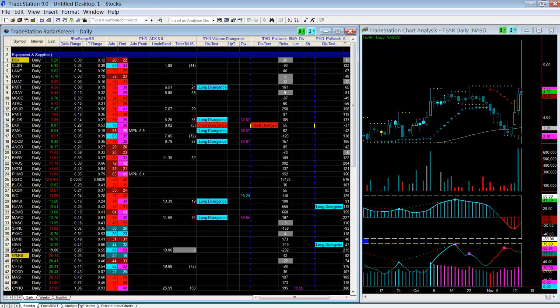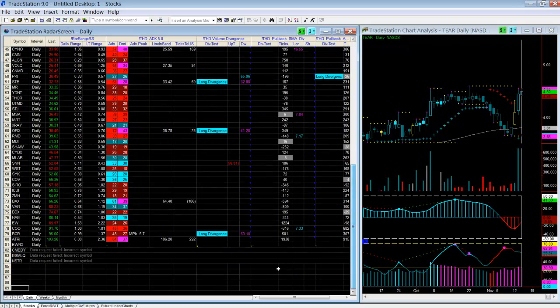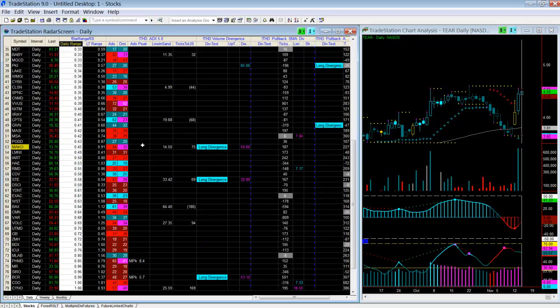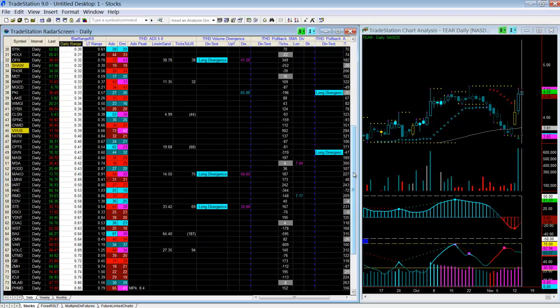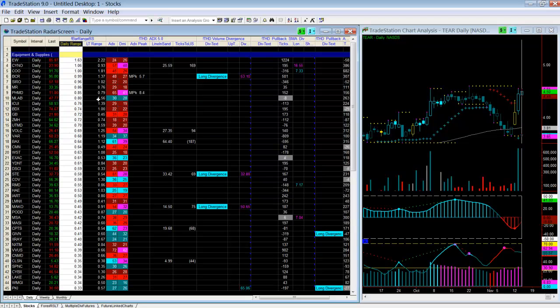Now you can see a lot of these are really slow movers because the daily range is pennies on the dollar. Now again, if you wanted to see the ones that move, you have to sort it according to the daily range. So now we can see the ones that move the least and the ones that move the most.